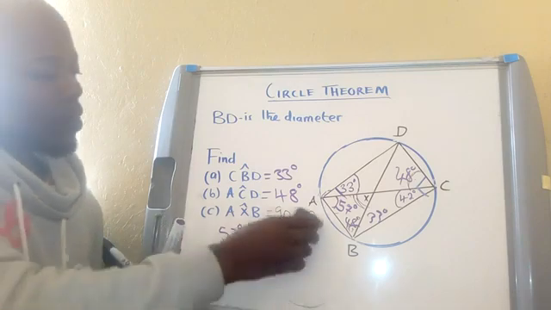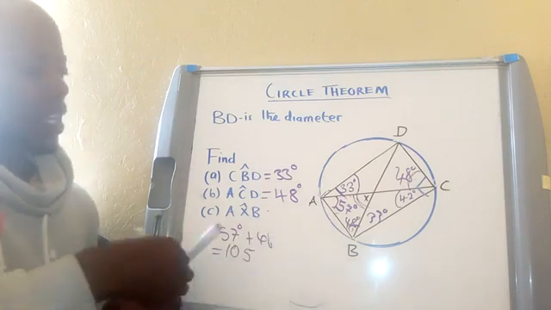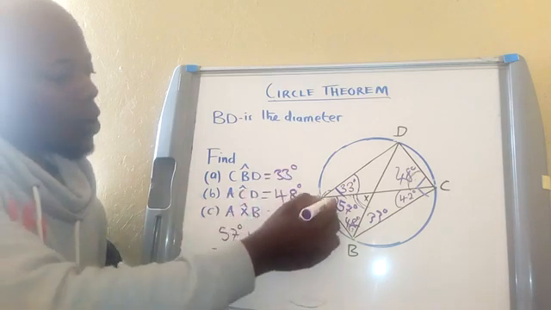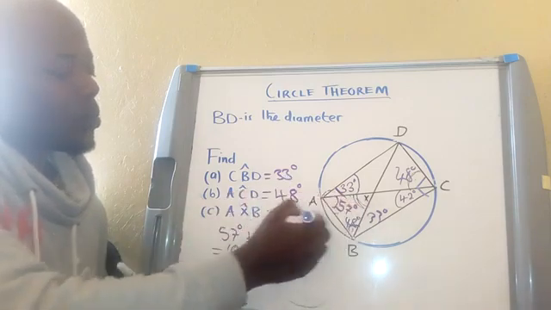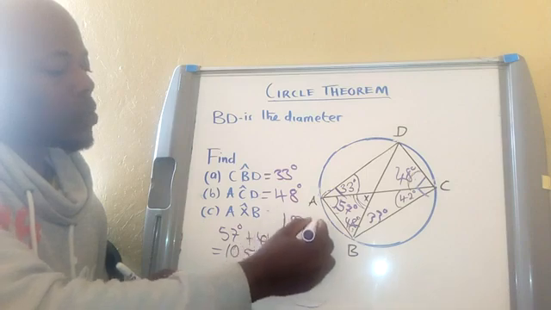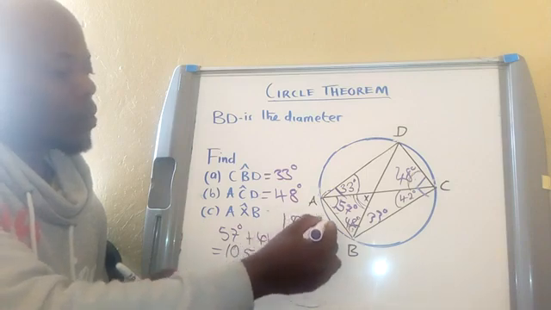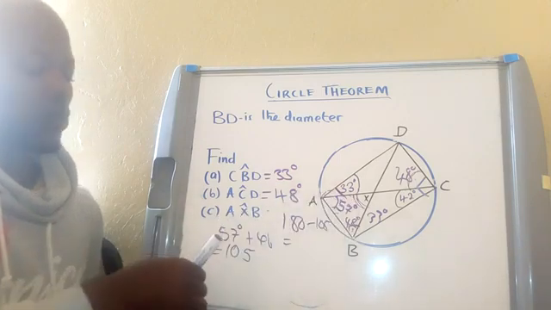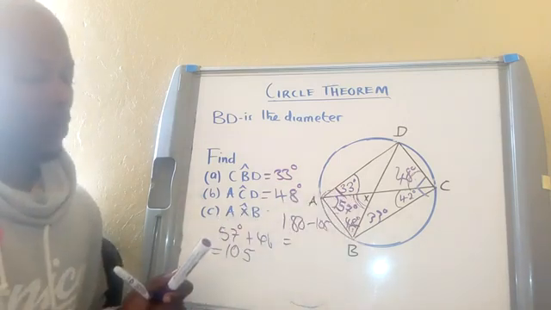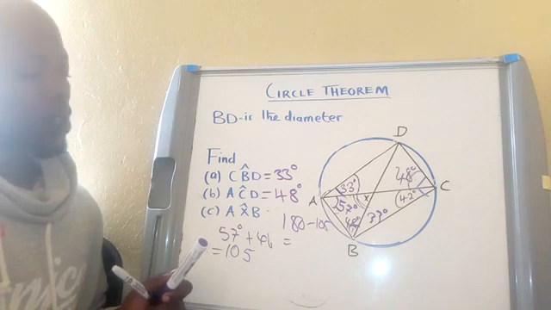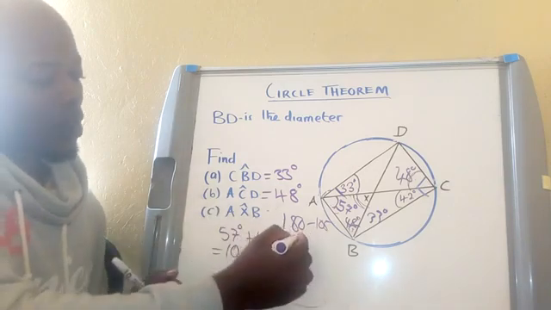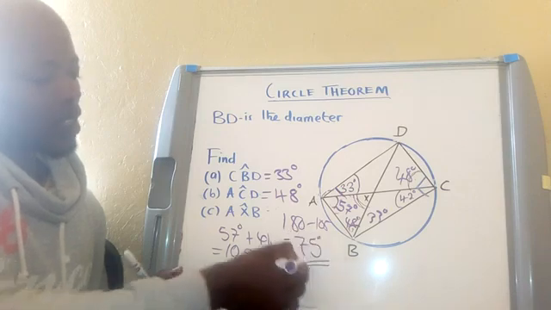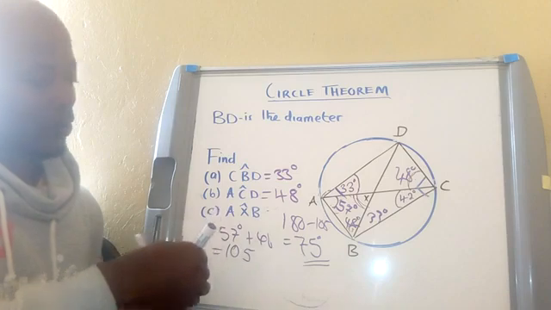So 105, since it's a triangle, we'll use the property of a triangle, which says all these angles, when you sum them up, are supposed to give you 180. We say 180 minus 105. It will give us the angle which is here. So what value are we getting there? When you do such a thing, we are getting our value to be equal to 75 degrees. So this is 75.